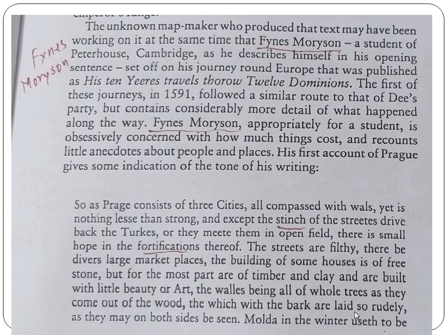This Fynes Moryson, Cambridge student, traveled ten countries in Europe and he wrote the history. And there Fynes Moryson, appropriately for a student, is obsessed with how much things cost and recounts little anecdotes about people and places.